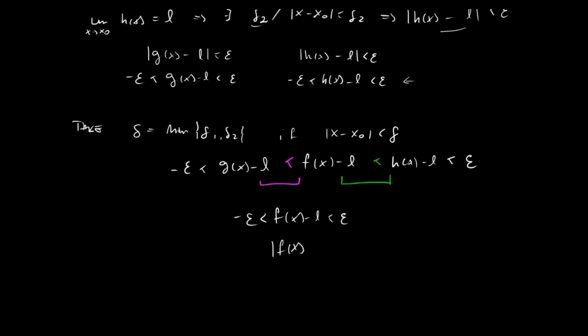This is, the absolute value of f of x minus L is smaller than epsilon. And then by definition, we were able to find a delta such that if x minus x0 was smaller than this delta, f of x minus L was smaller than epsilon. So that is the definition of the limit when x tends to x0 of f of x equals L.